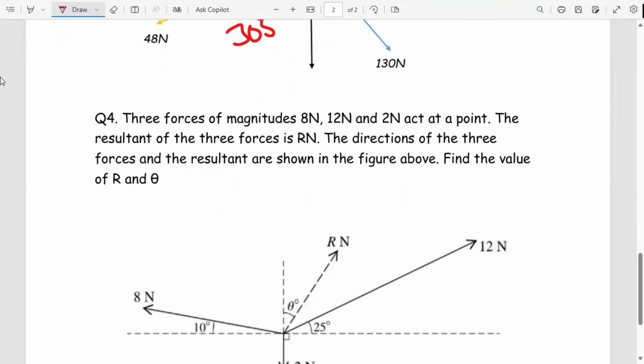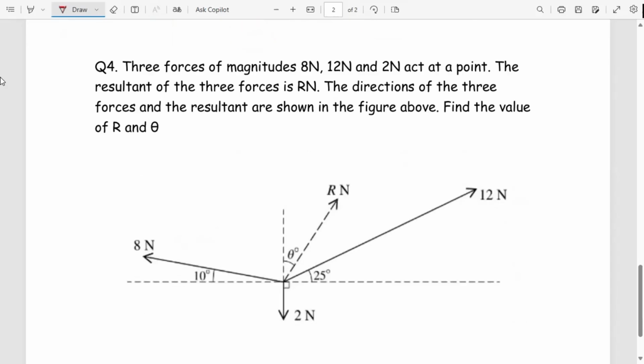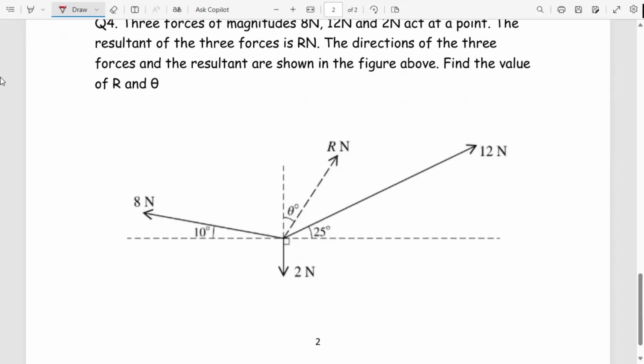Okay, so this is a very interesting question. Since we are requested to find R newtons, which has already been given on our diagram, with a theta that is not with respect to the positive x-axis, we can resolve these vectors individually without using the method where we apply the resolution with respect to the positive x-axis.